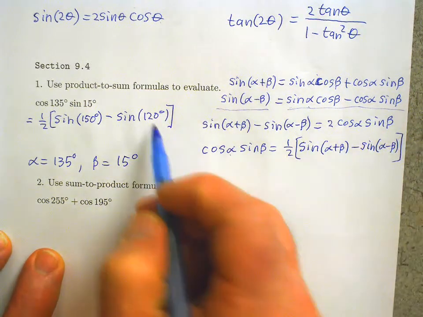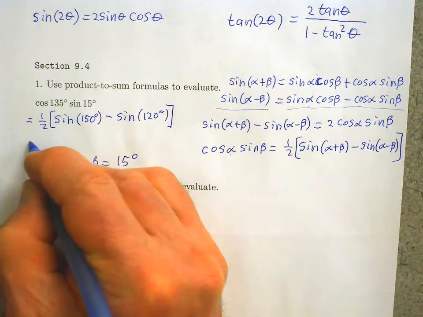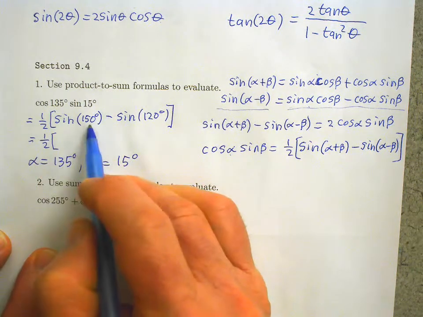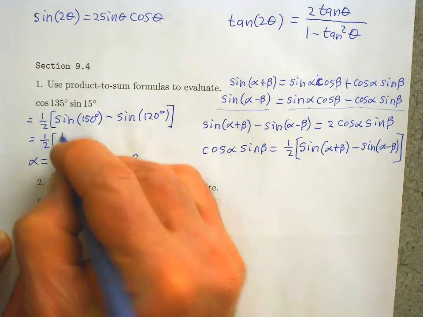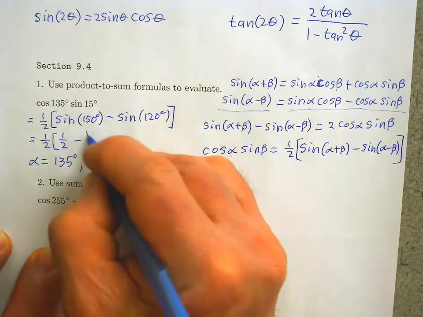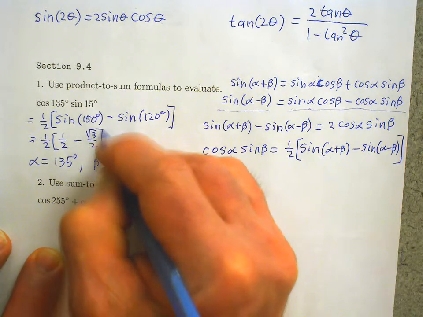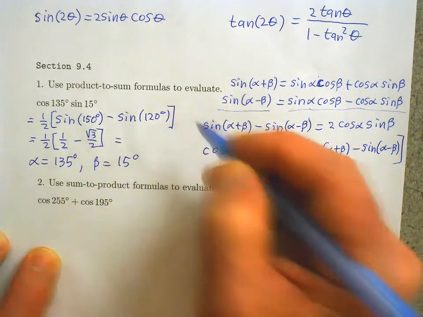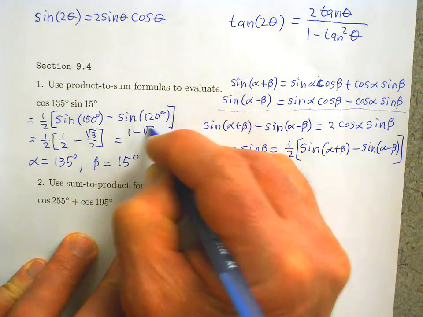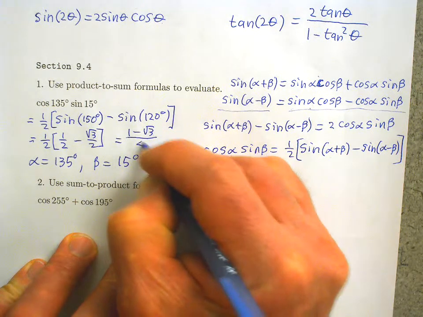And these are all special angles, special enough anyway. Sine of 150 degrees is 1/2. Sine of 120 degrees is the square root of 3 over 2. So we can write it as 1 minus the square root of 3 all over 4.